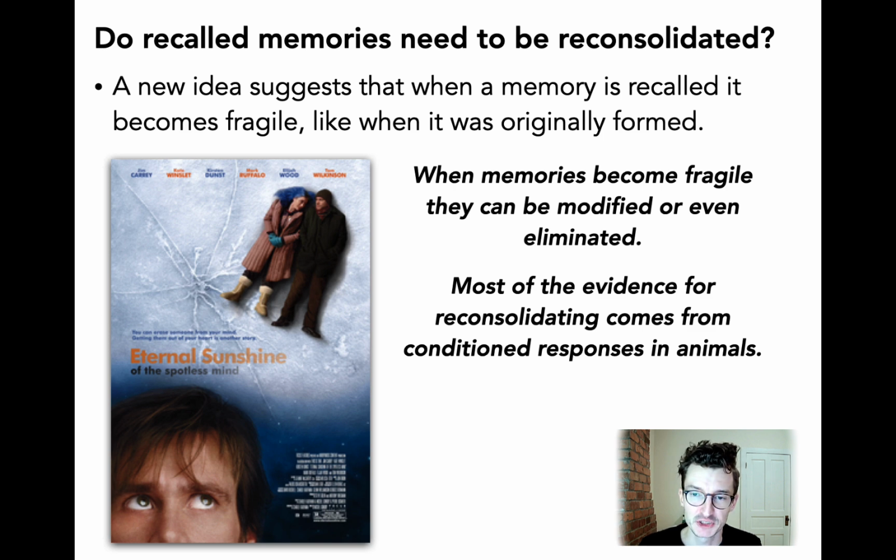Over time, this information becomes less dependent on the hippocampus. A newer idea, though, suggests that whenever we recall information, it becomes fragile, like when we originally encountered it, and it has to be reconsolidated back into long-term storage.